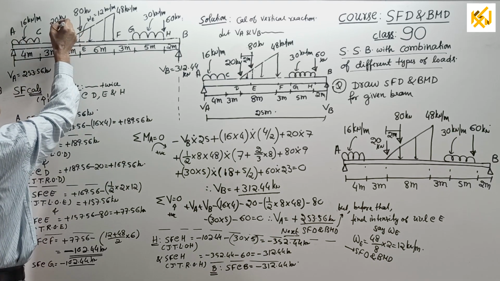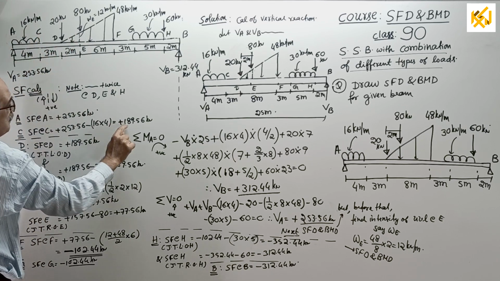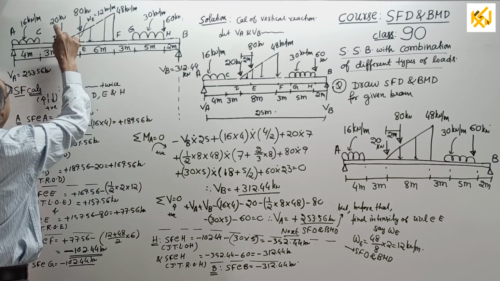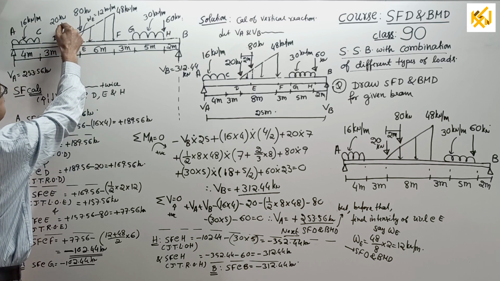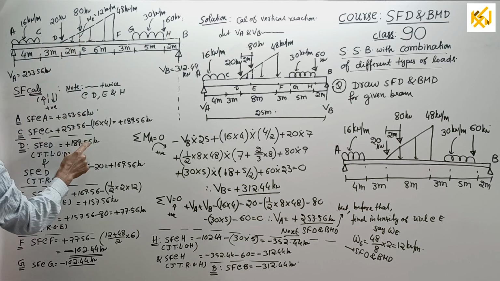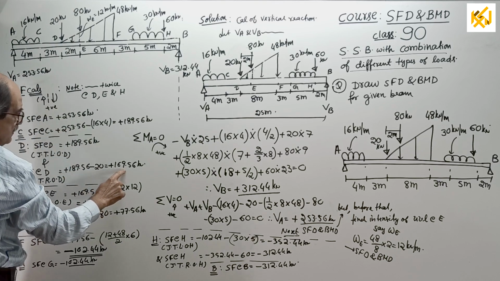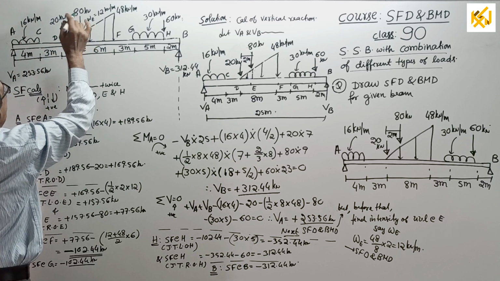First, just to the left of D: at C you got plus 189.56. After C till this point there is no load, so the same value will come. But the shear force just to the right of D will be whatever you got just to the left, minus 20. You get plus 169.56. Then come to E. At E a point load is there.